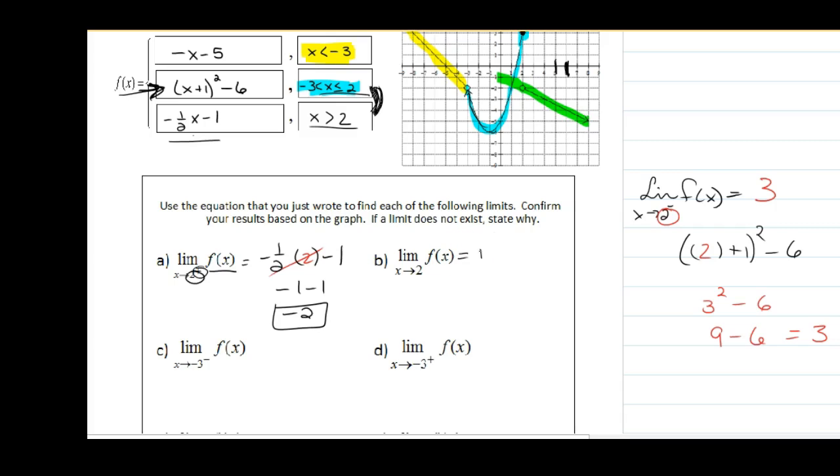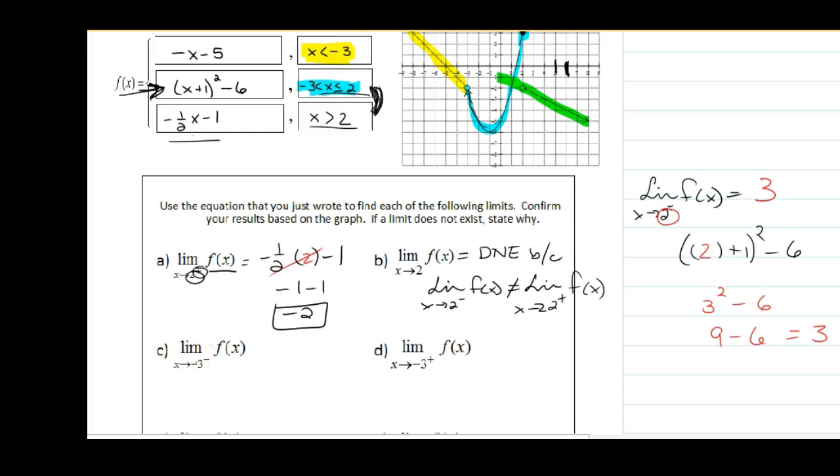They do not equal each other, so my two-sided limit does not exist, because my limit as x approaches 2 from the left of f of x does not equal my limit as x approaches 2 from the right of the function. Whenever our limit does not exist, we want to go ahead and take the moment and explain why. That's often an important point in a question.